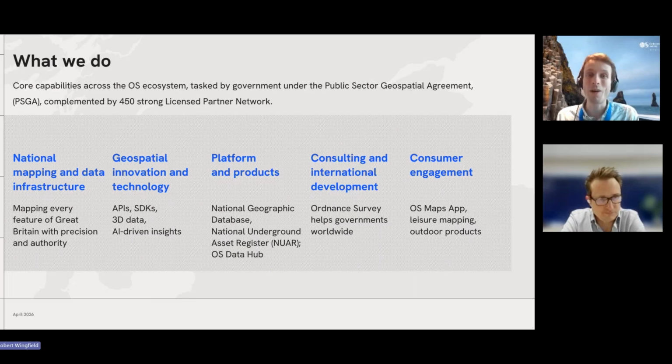That's actually quite a small proportion, as I say, of the OS business. It's less than 10%. So what we do overall is very much around that national mapping data infrastructure, serving UK PLC overall, and really thinking about the future of that geospatial innovation and technology. And the way that has really come about is through the National Geographic Database, which is what I'll be talking a little bit about today.